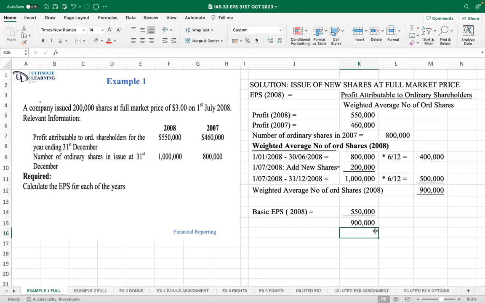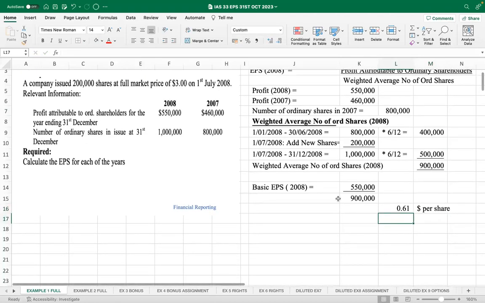When you divide the two, we get 0.61, in dollars per share. So that's how we calculate the basic EPS when shares are issued at full market price.